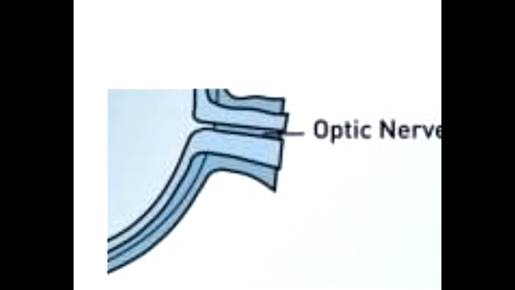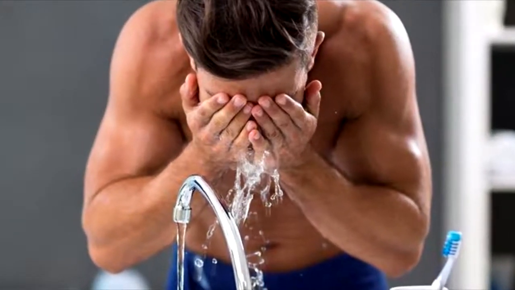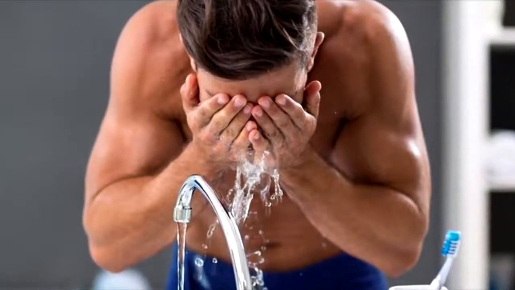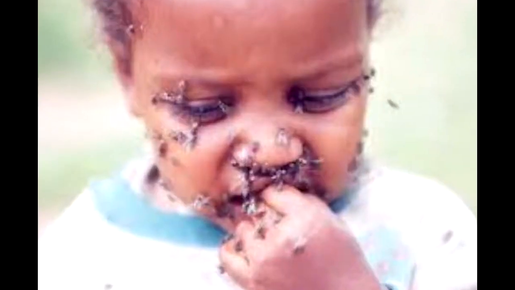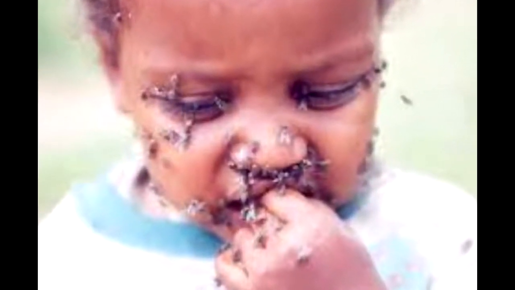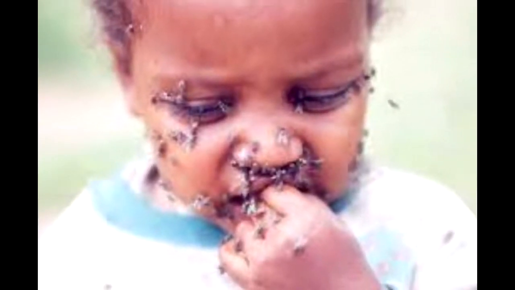So children, let us protect our eyes jealously by washing them every morning to remove sleep. Sleep attracts vectors like houseflies that alight into our eyes, spreading different germs into our eyes.